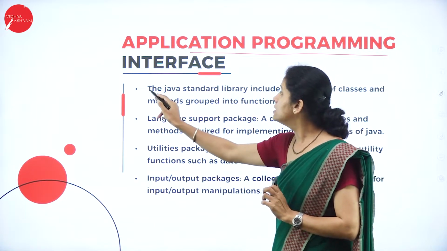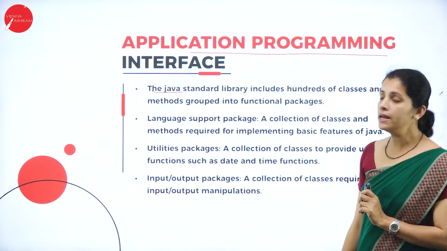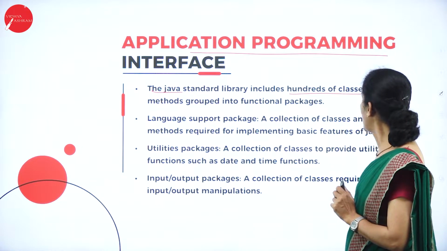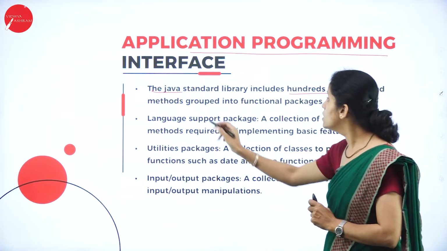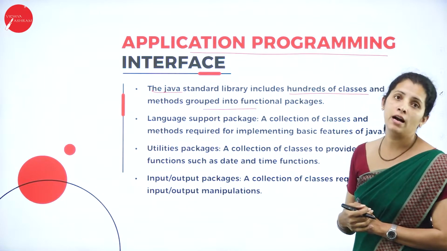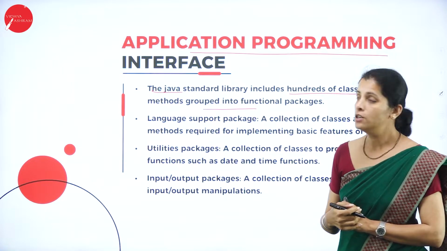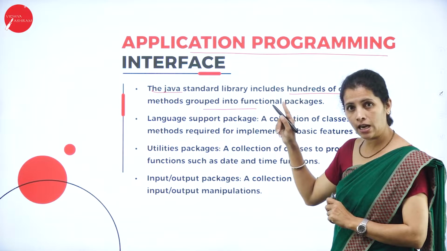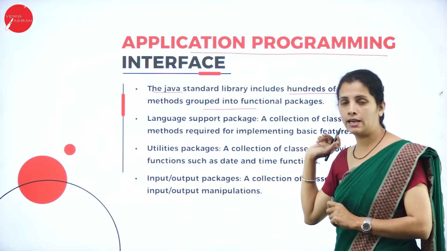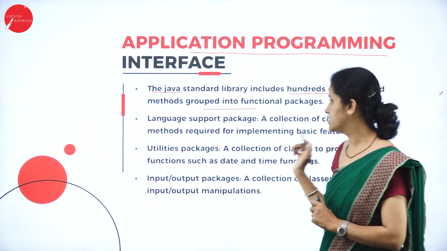The Java Standard Library includes hundreds of classes as well as methods grouped into functional packages. So what is the API? That is nothing but Java classes, Java methods as well as Java packages.